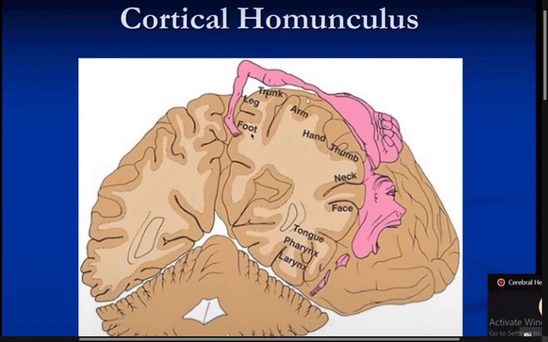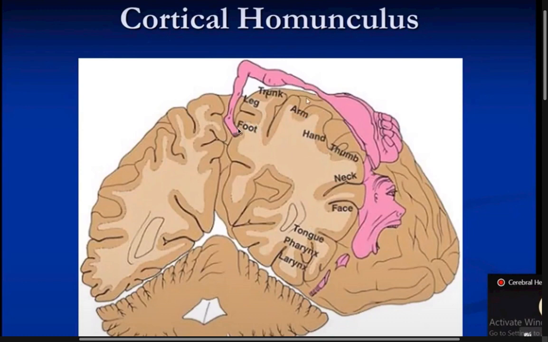What the doctor wants us to know, and what she mentioned in the lecture, is that it is demarcated upside down, and it is contralateral also. We know that the right side of the brain controls the left side of the body, and the left side of the brain controls the right side of the body.